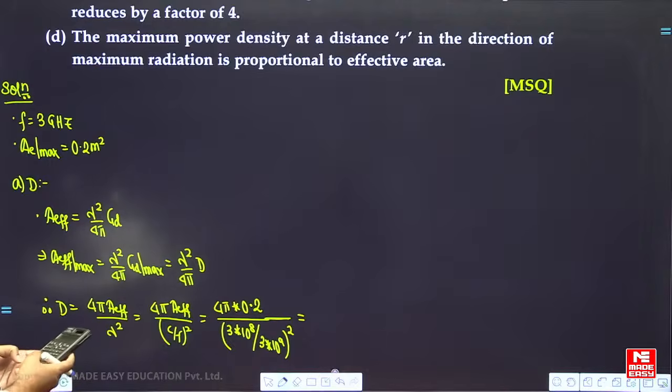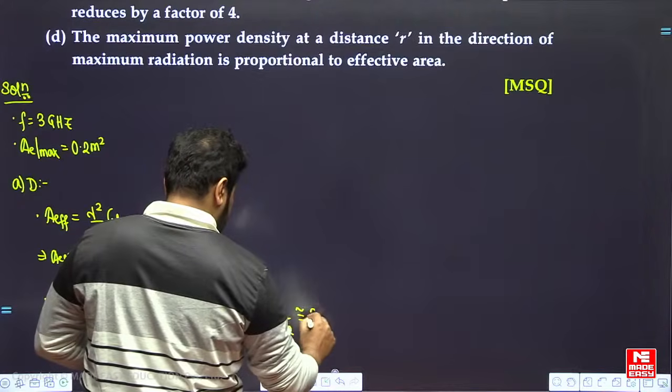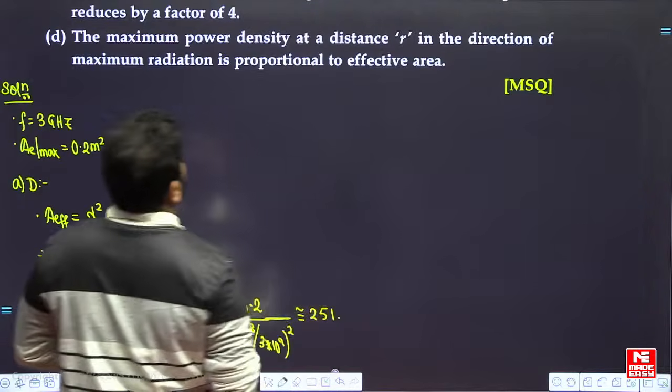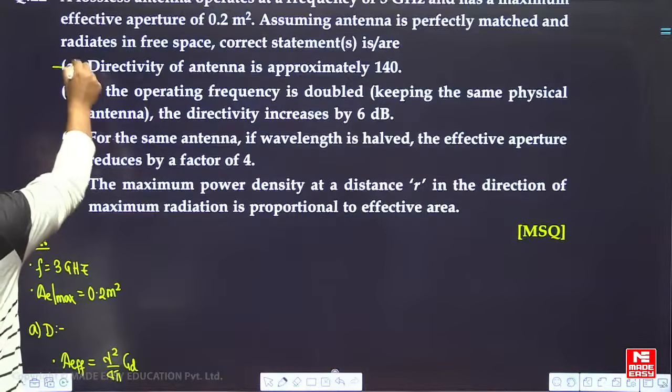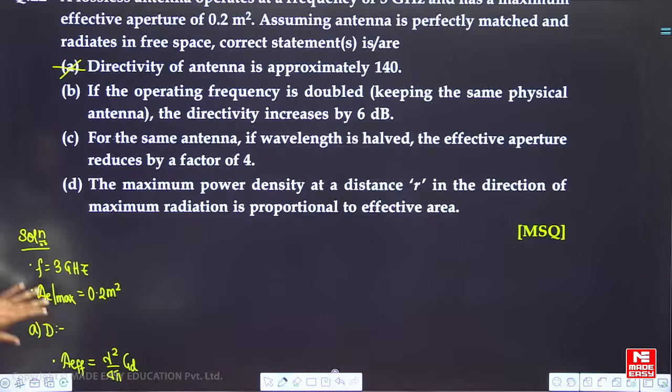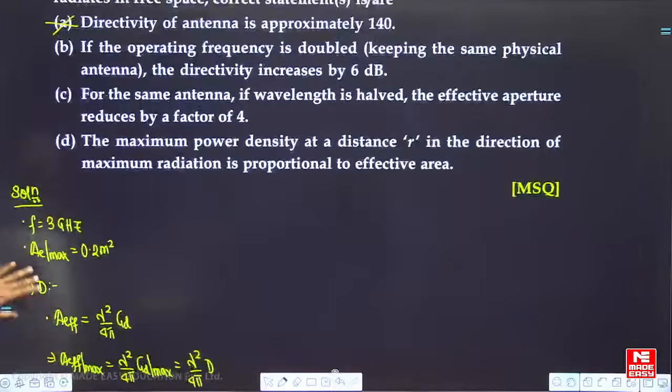This is 0.8 pi divided by 3 to the power 8 over 3 to the power 9 whole square, answer 251.32. Let us say approximately 251. Option says 140, absolutely wrong. It should be 251, but here it is given 140, wrong.